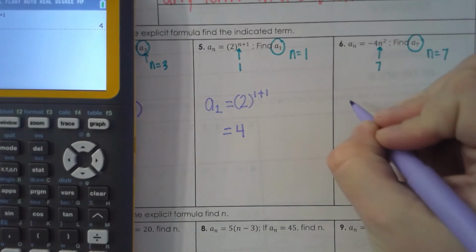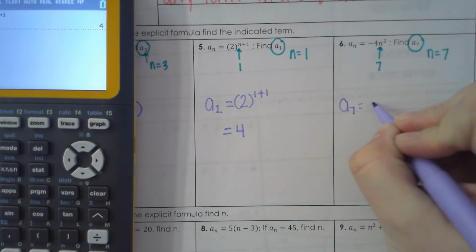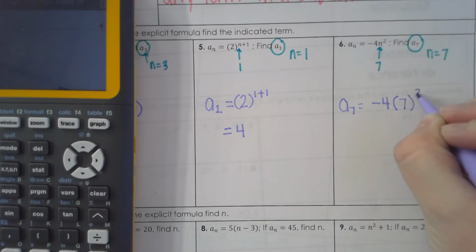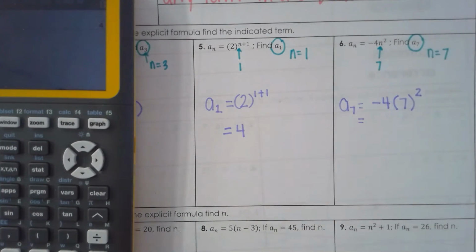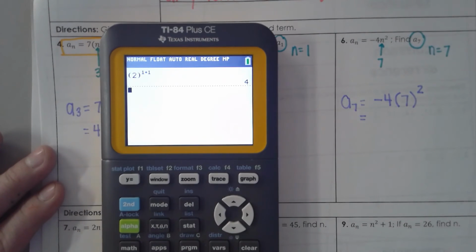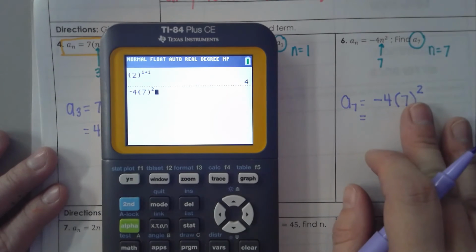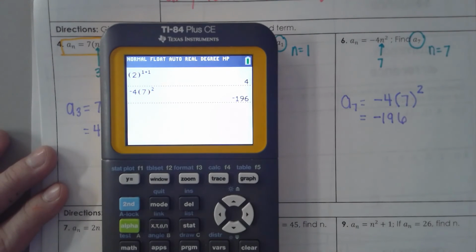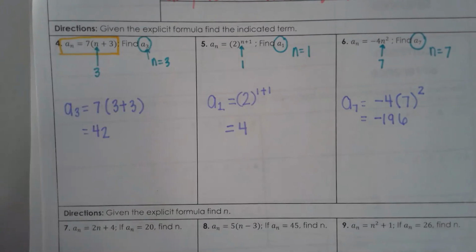So A7 is -4 times 7 squared, which is -196. Are there any questions on that? Are we done with all this?